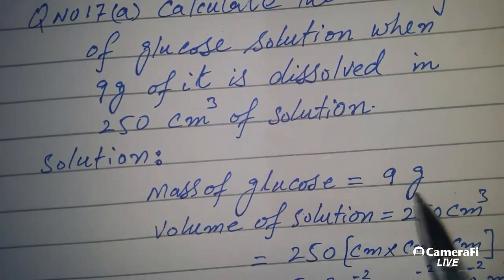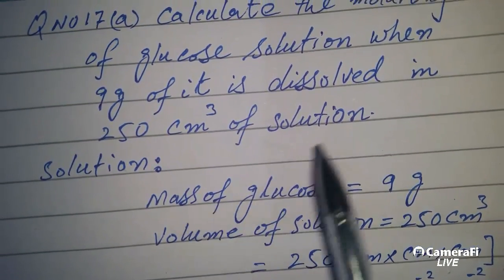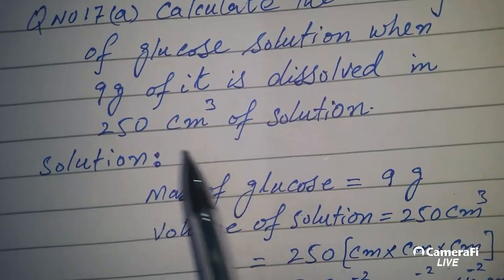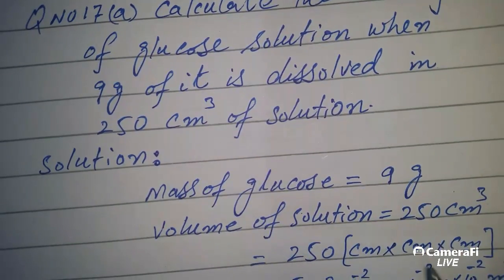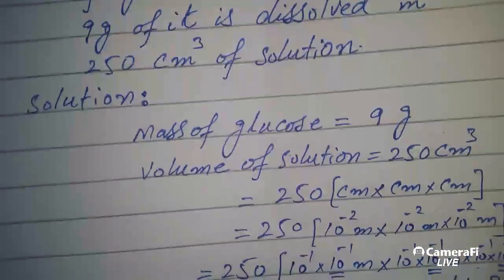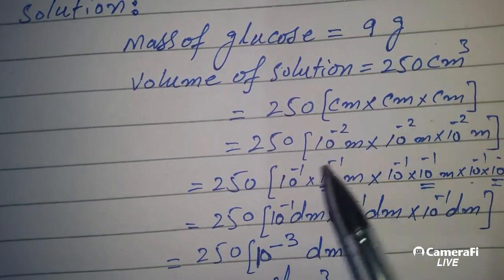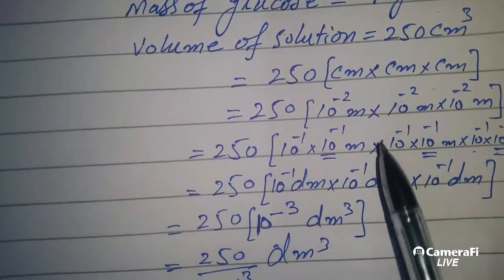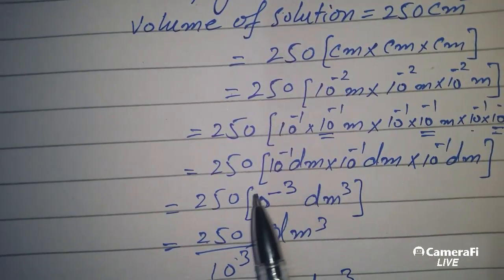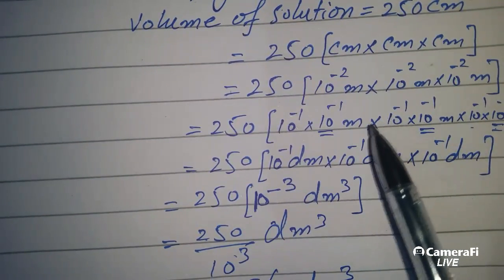So mass of glucose is 9 grams and volume of solution is also given as 250 cm cube, and we want to convert this cm cube into dm cube. Here is the process that I discussed with you in the previous lecture.